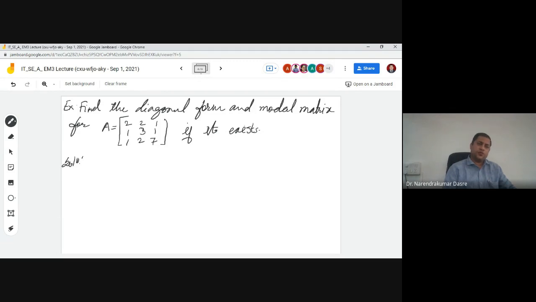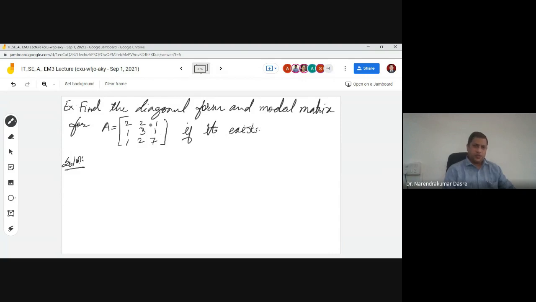So we have to go through the solution. To prove the existence of this model matrix, we always have to find the eigenvalues and eigenvectors. Sometimes the question may be as previous, find eigenvalues and eigenvectors and then find, or sometimes the question will be like this. And this condition, if it exists, is always there.